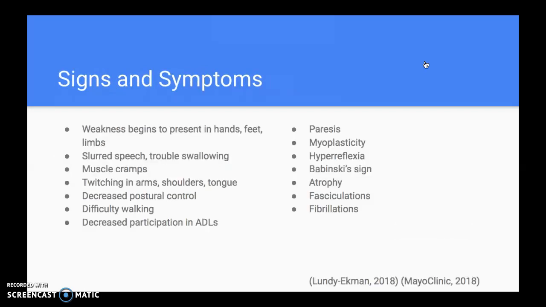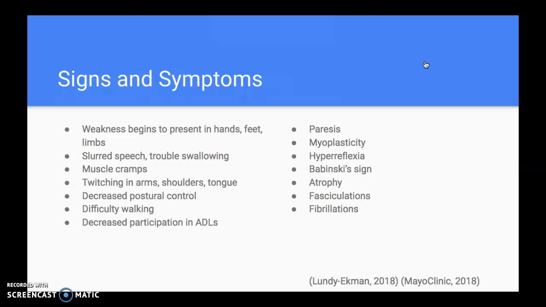Some signs and symptoms of ALS. Typically weakness begins to present in the hands and the feet and then the limbs. There's slurred speech, trouble swallowing, muscle cramps, twitching in the arms, shoulders, and tongue, decreased postural control, difficulty walking, and decreased participation in ADLs.